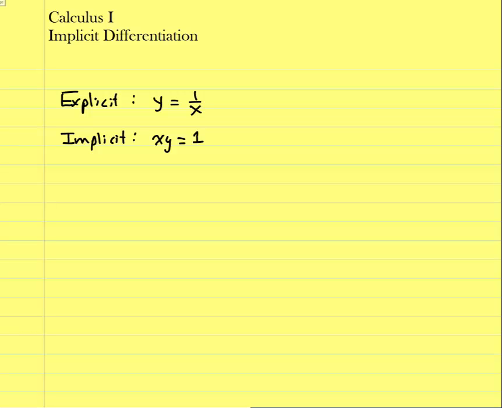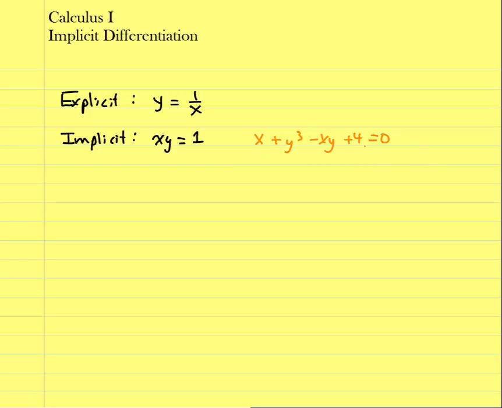However, sometimes we end up with equations that we really can't do anything with in terms of rewriting. Let's look at something like x plus y cubed minus xy plus 4 equals 0. This is definitely implicit because I have x's and y's mixed, and there's no way I can get y by itself on the left and everything else on the right.